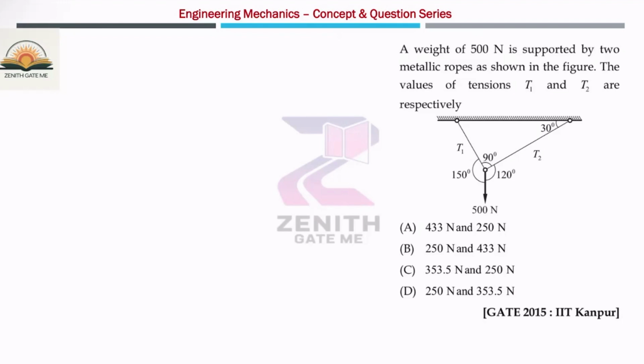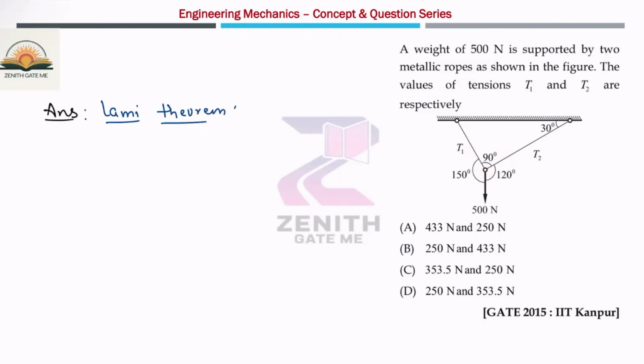Now you can see these three forces are passing through this particular point. That means they are coplanar as well as concurrent, so directly you can use Lami's theorem. What is Lami's theorem in this case?